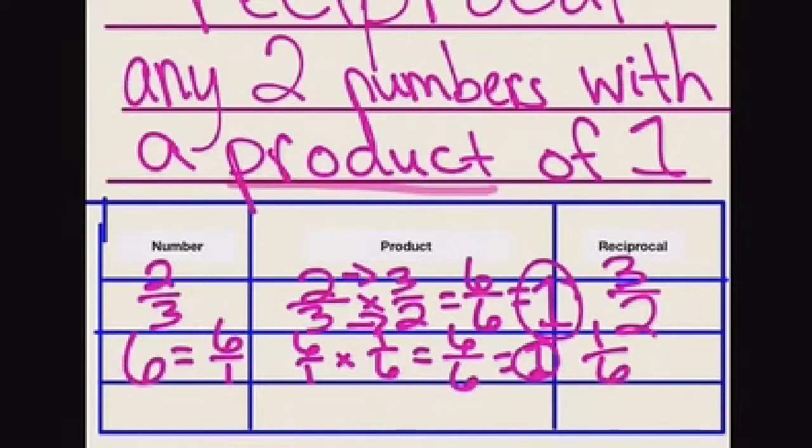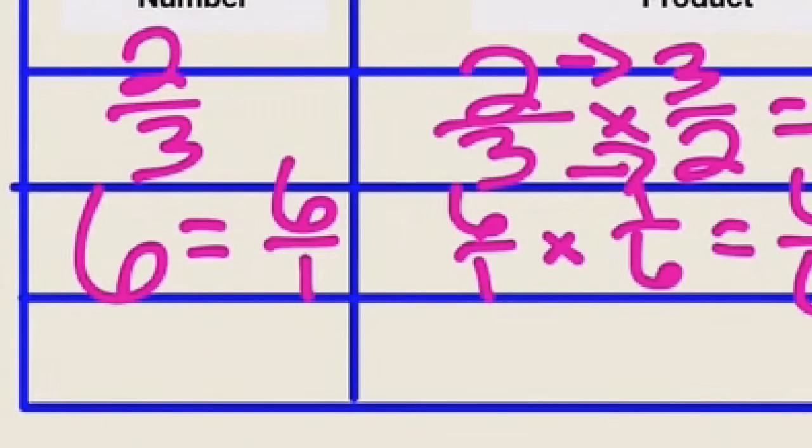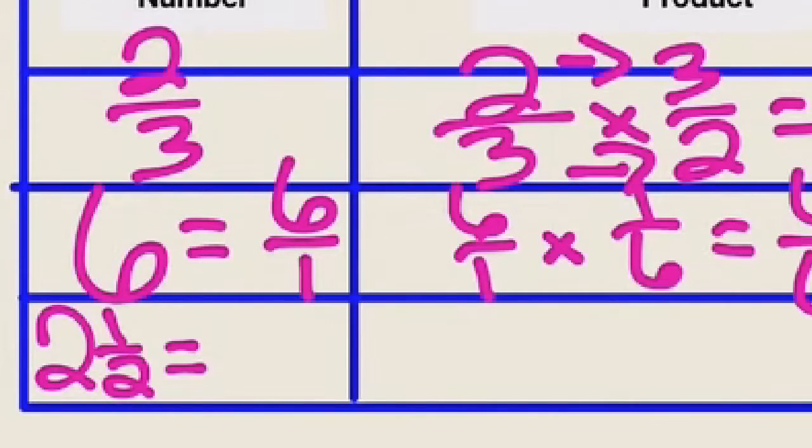Let's try one more. Let's say you were given the mixed number 2 1/2. First, change that mixed number to an improper fraction using MAD. Remember, multiply, add, denominator. 2 times 2 is 4. 4 plus 1 is 5. And our denominator stays the same at 2.